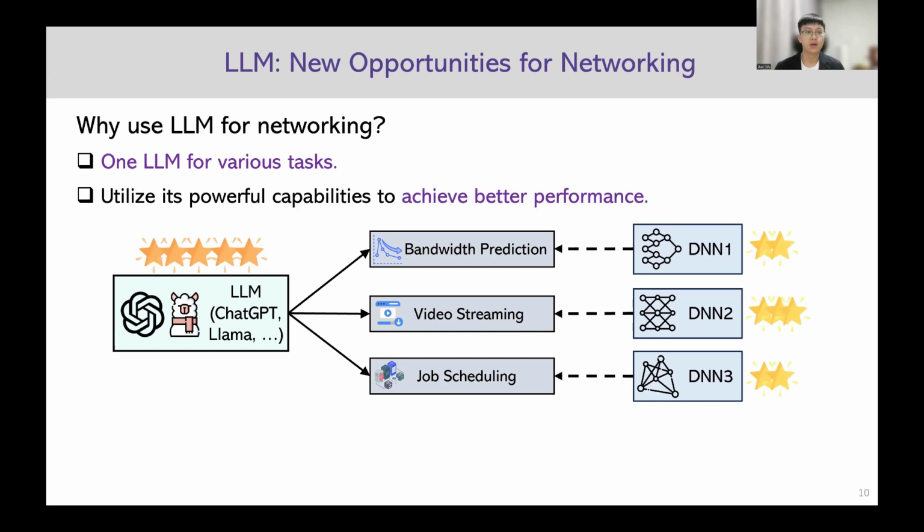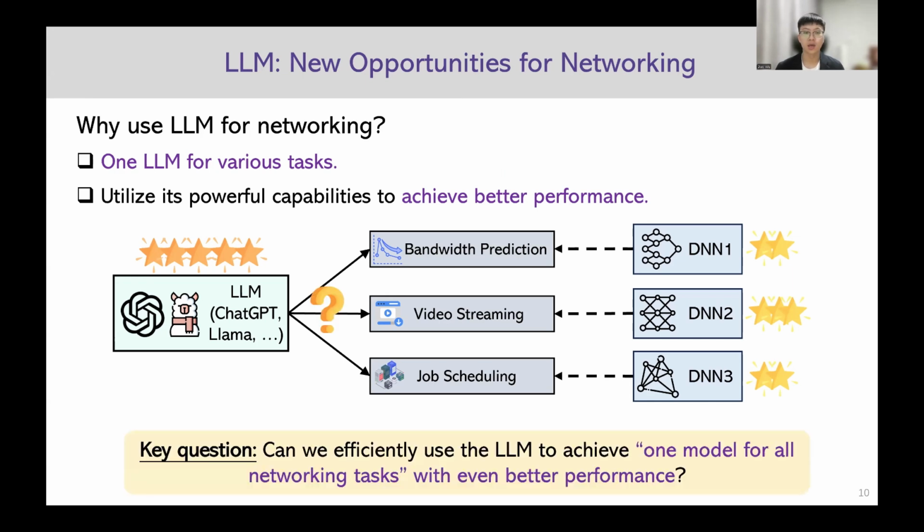Second, with the extensive knowledge of the LLM, we can utilize its powerful capabilities to achieve better performance on each task. So in this paper, we try to answer the following key question: can we efficiently use the LLM to achieve one model for all networking tasks with even better performance? We believe the answer is yes through our framework NetLLM.